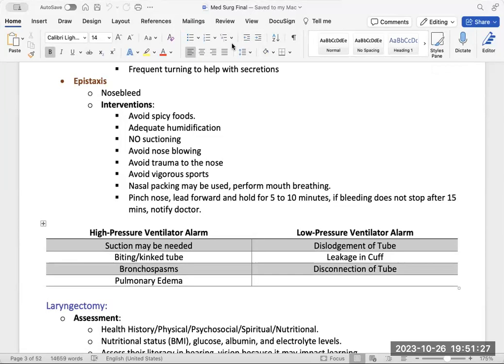Yeah, because we don't want to put anything in their nose. I think there's something that Habib might have said about putting a balloon in if it's that bad, but we don't want to put anything in their nose normally, especially if they're bleeding. You said no vigorous sports, no big nose blowing, no suctioning of the nose, especially because, as you said, it can cause more trauma. It can cause the nose to bleed more, and we could also humidify the nose to help with that bleeding.